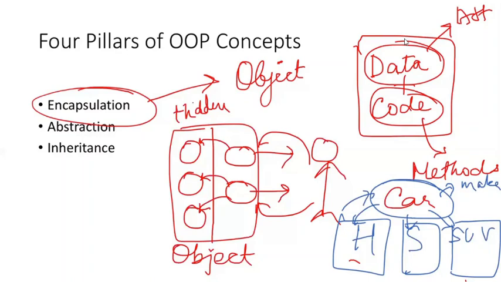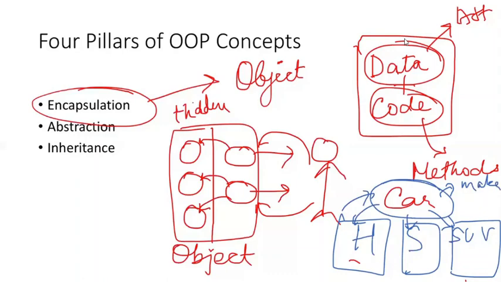As a result, you have the advantage of code reusability. You can reuse the code which you've already written for car, and use it for all the other objects. So inheritance plays an important role in object-oriented programming.